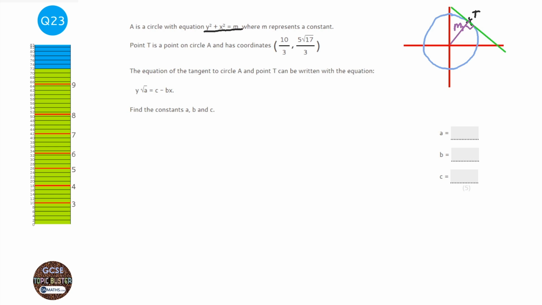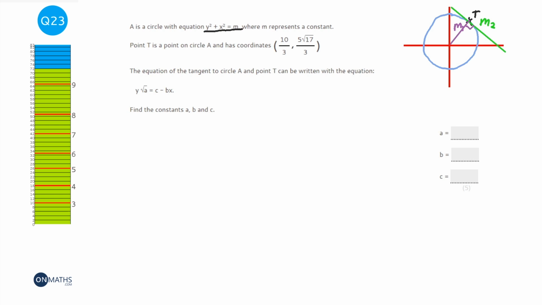Then we're going to find out what the gradient of this second line is, and then we're going to find out what C is, so we can actually find out the equation of the line, because it will be y equals mx plus c. The only thing we've got left is c to work out if we've already got the gradient. So a lot going on there.